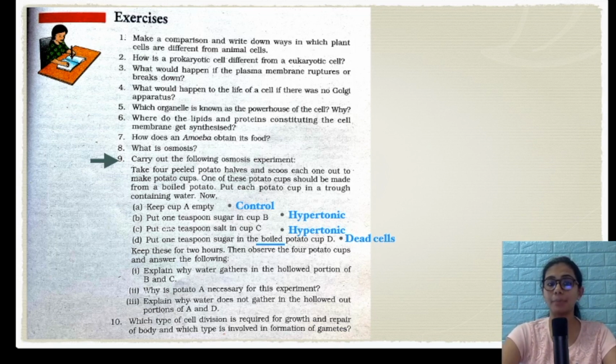Inside potato cup B, the teaspoon of sugar is creating a hypertonic situation inside that little potato cup. So what about the water? Inside the potato cup, the water concentration is low. So water will move from high, that is outside the potato, to the inside of the potato cup. That's why water gathers inside the potato cups in both B and C.